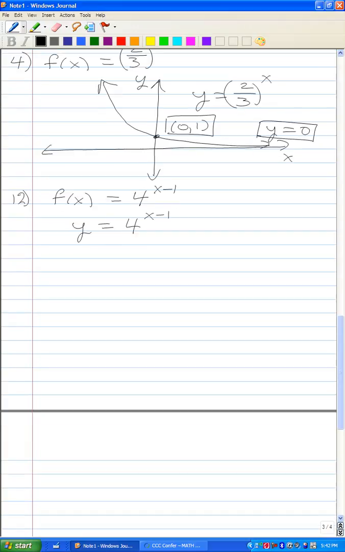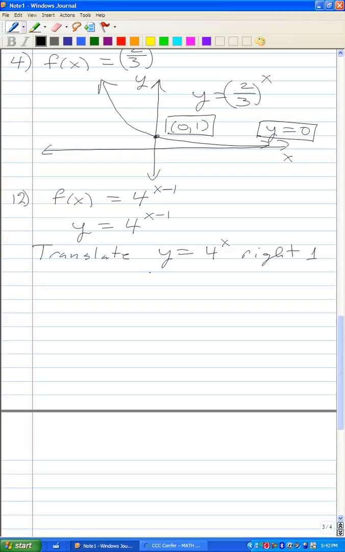I'm supposed to translate y equaling 4 to the x. Since I'm translating the x, and it's a negative x, I'll go in the positive x direction, 1 unit. And so I'll go right by 1.